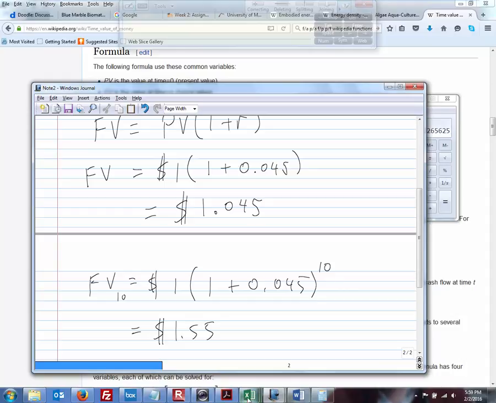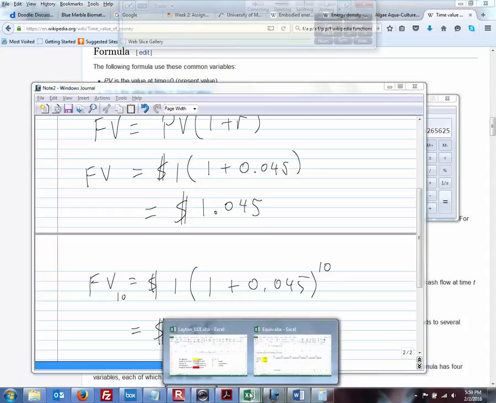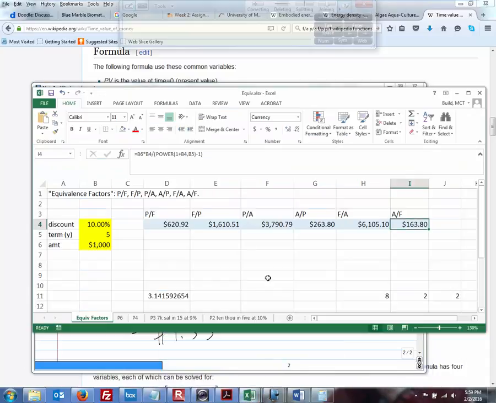What does that look like in Microsoft Excel? This might look a little bit confusing at first. It's okay, because it is. But let's just try something here.